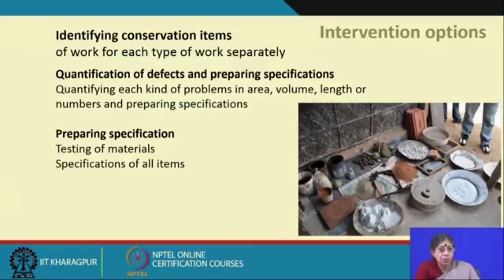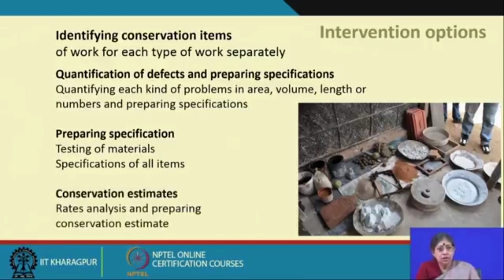It needs a different type of skill, very different from the present system of construction. Each and every building, depending on the material, the method, and the status of decay, needs a different type of specification. It cannot be equated with a normal standard specification.